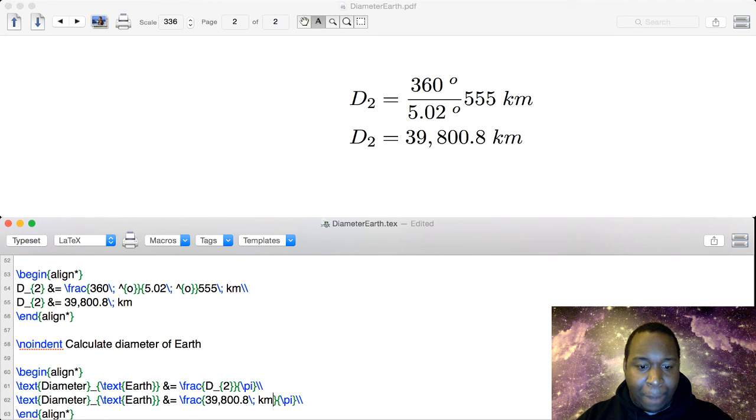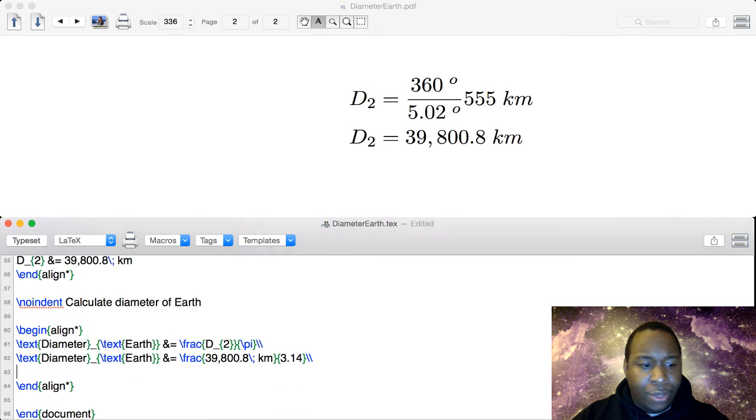Yeah, divide this by pi, which we can use 3.14. I'll use that actually, 3.14. The other number you can use is the fraction form, which I believe is 22 over 7. But we're just going to use the decimal number and see what we end up getting.